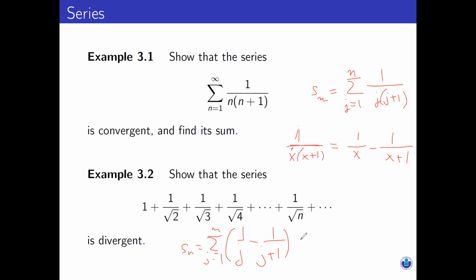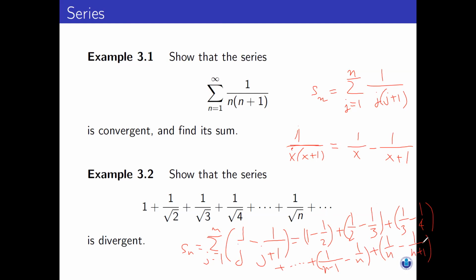And if you cannot work this out quickly, you can write down all the terms and see this way you see all the cancellations and so on. And the last two terms are going to be, when j equals n minus 1, you get this, and when j equals n, you get this.